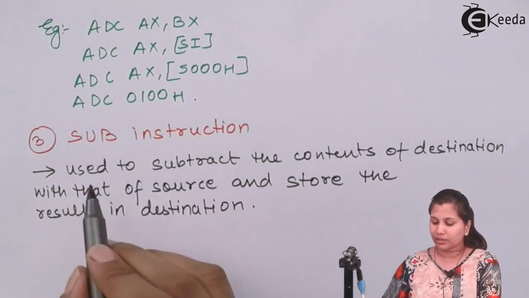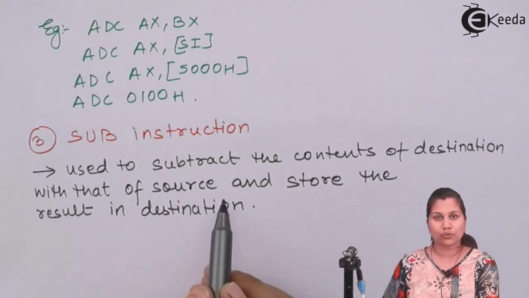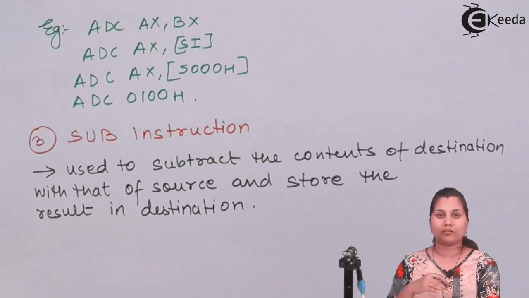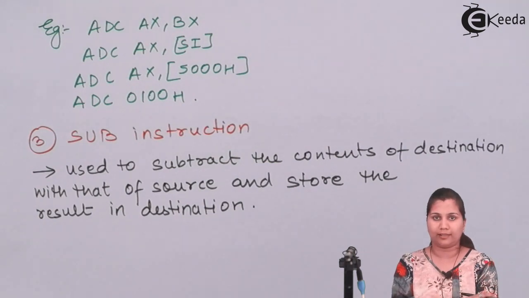So this instruction is used to subtract the contents of the source from the destination and store the result in the destination.